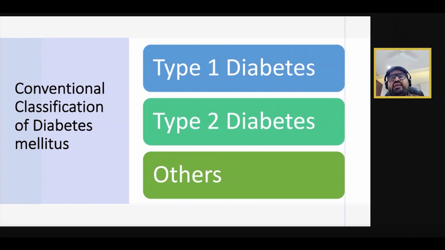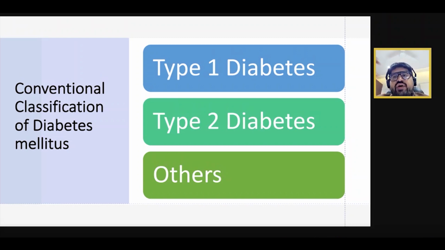Now, conventionally, we classify diabetes into three major forms: type 1 diabetes, type 2 diabetes, and other forms of diabetes. This is the traditional bucket. Like I said, we'll take this bucket and put it into a spectrum.